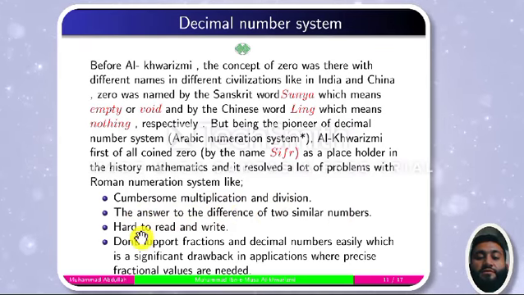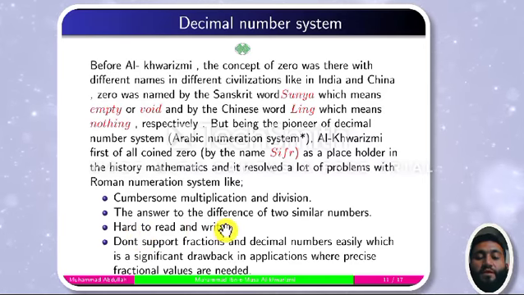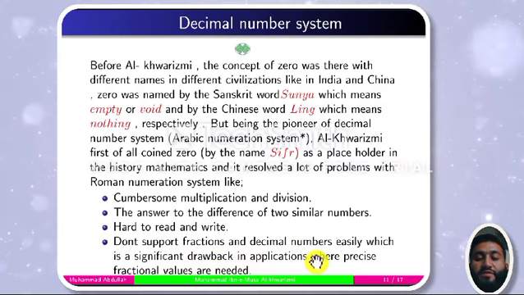The Roman numeration system was also hard to read and write, and was unable to support fractional decimal numbers easily, which is a significant drawback in applications where precise fractional values are needed.